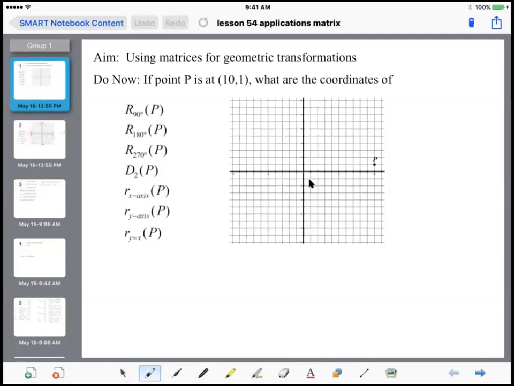When you rotate, it ends up somewhere over here in quadrant 2. If it was on the x-axis and you rotated 90 degrees, it would end up on the y-axis. But because this is slightly above the x-axis, when I rotate 90 degrees, it's going to be over here to the left. The thing that all these answers have in common is that they have a 10 and a 1 involved somehow. So this one's got to be (-1, 10).